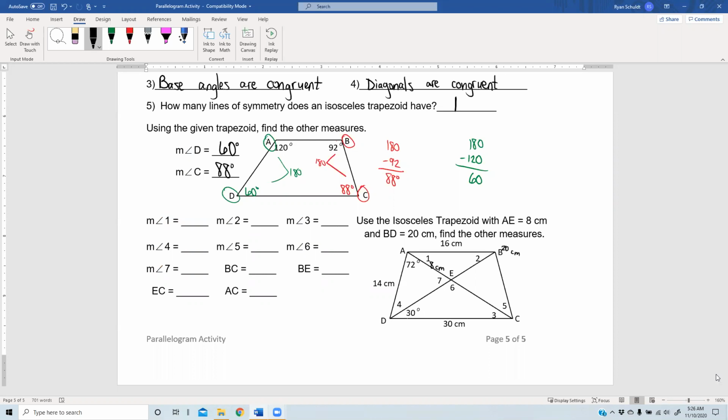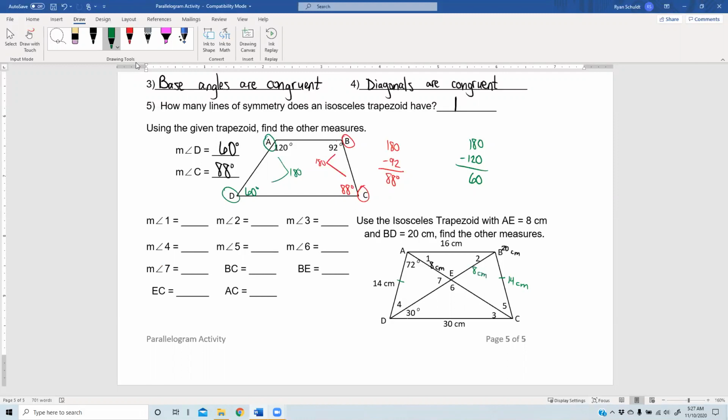Okay. Let's see what we can use to find everything. Well, sidewise, this leg, remember legs have to be congruent. So this one's also got to be 14 centimeters. Diagonals are congruent, so this has to be 8 centimeters.